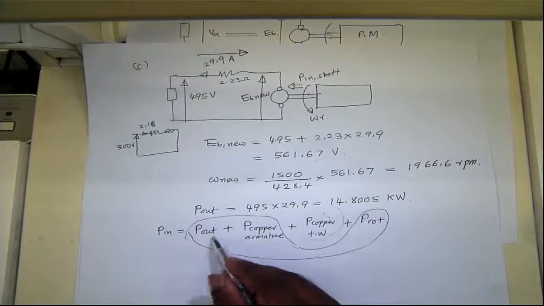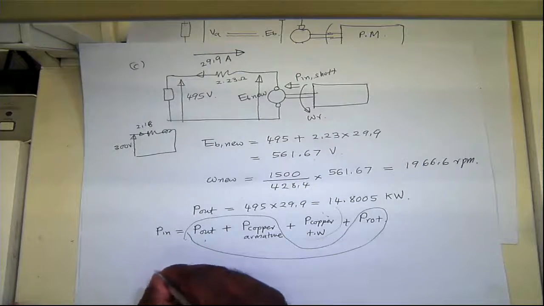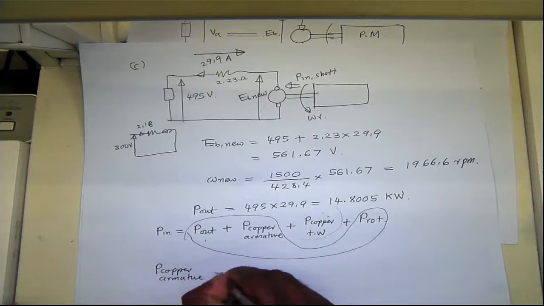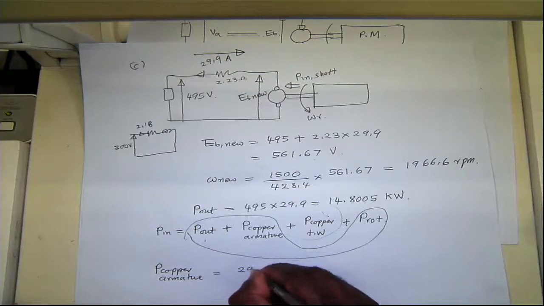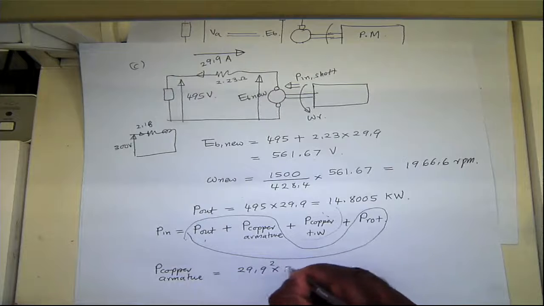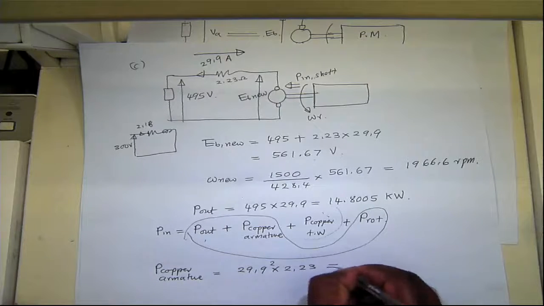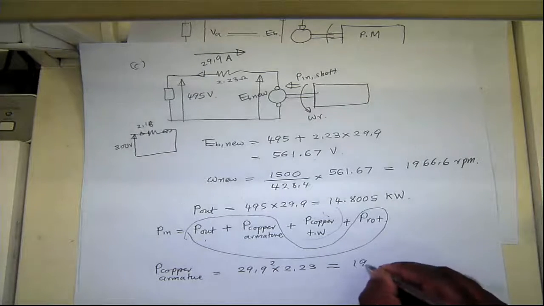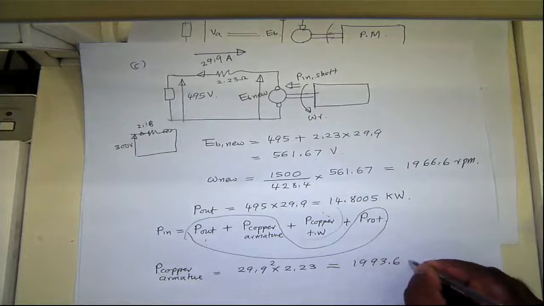So this we know, that's the armature copper losses. That's I squared R, so we can write that as 29.9 squared times 2.23, which is 1993.6 watt.